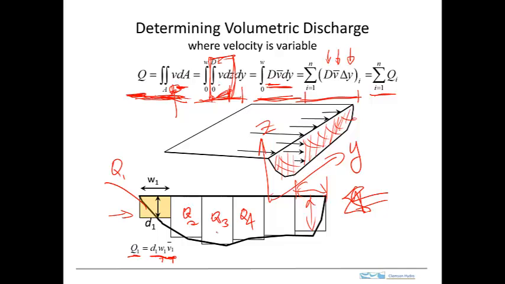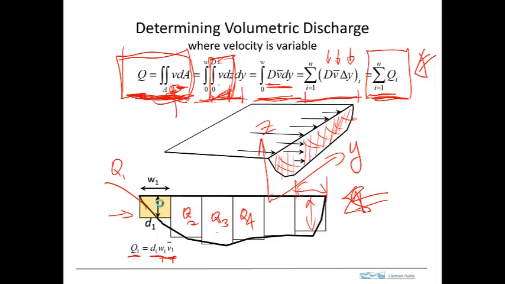That gives me a series of volumetric flows, and then I add them up. So that's what I mean by this. Okay, so we start with this formal integral. That's formally correct, but we go through a series of steps that turns this integral into something that we can deal with in the field, and that's this. We're determining the volumetric flow rate through each one of these small pieces and then adding them up.